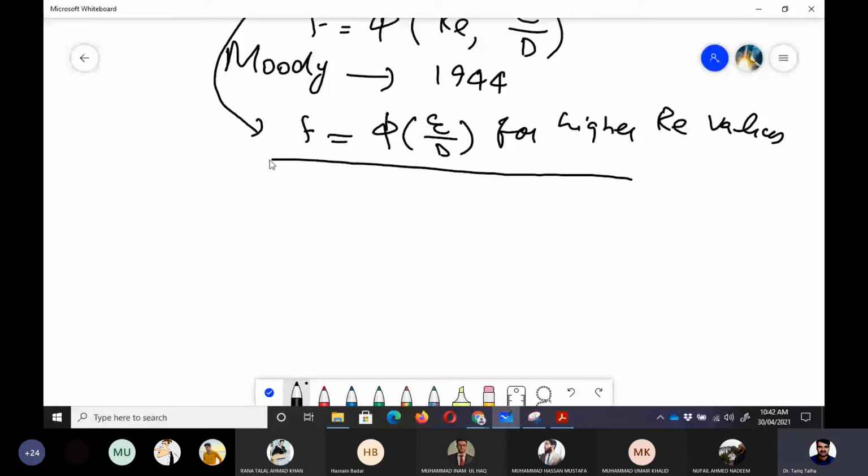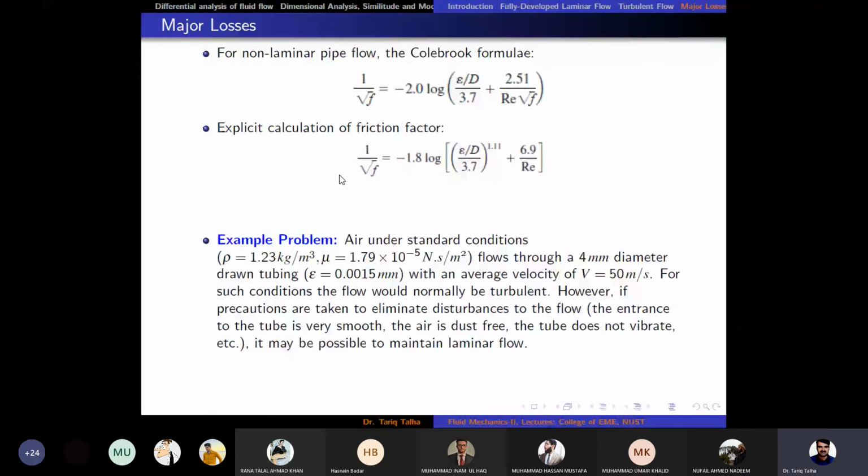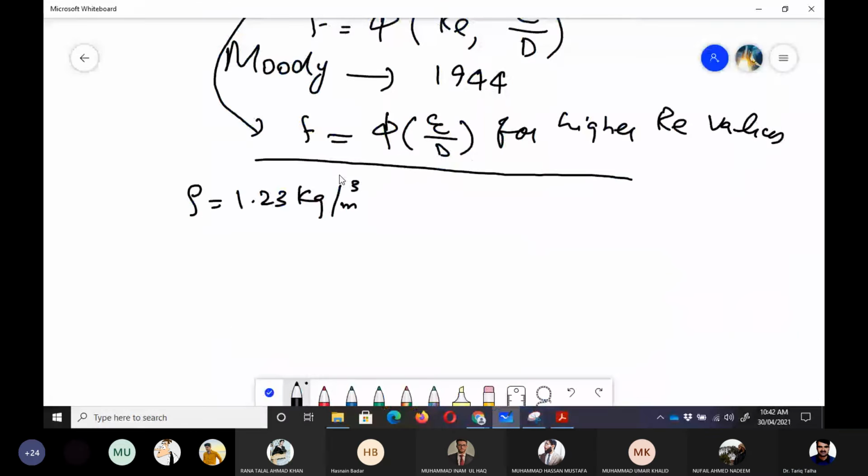First of all, rho is 1.23 kilogram per meter cube, and mu is 1.79 into 10 to the power minus 4 Newton second per meter square.